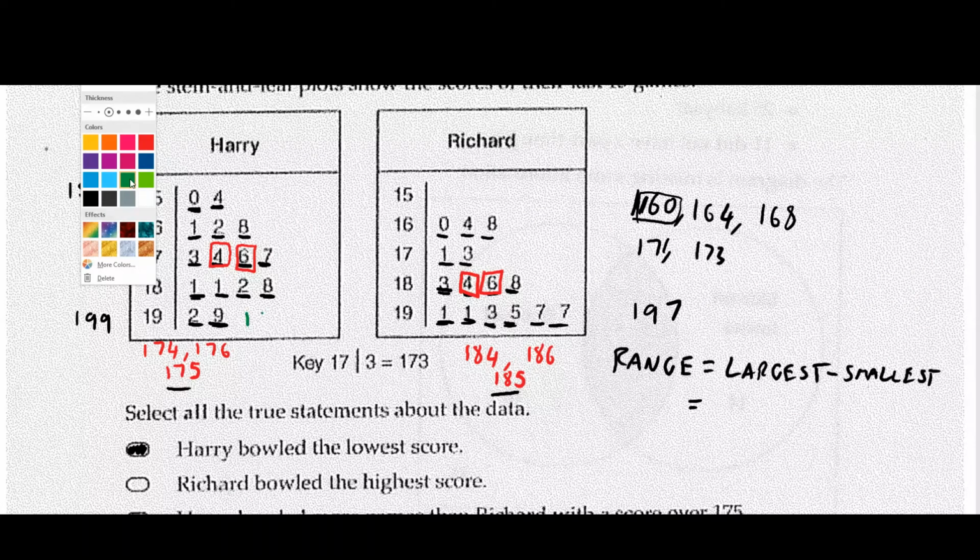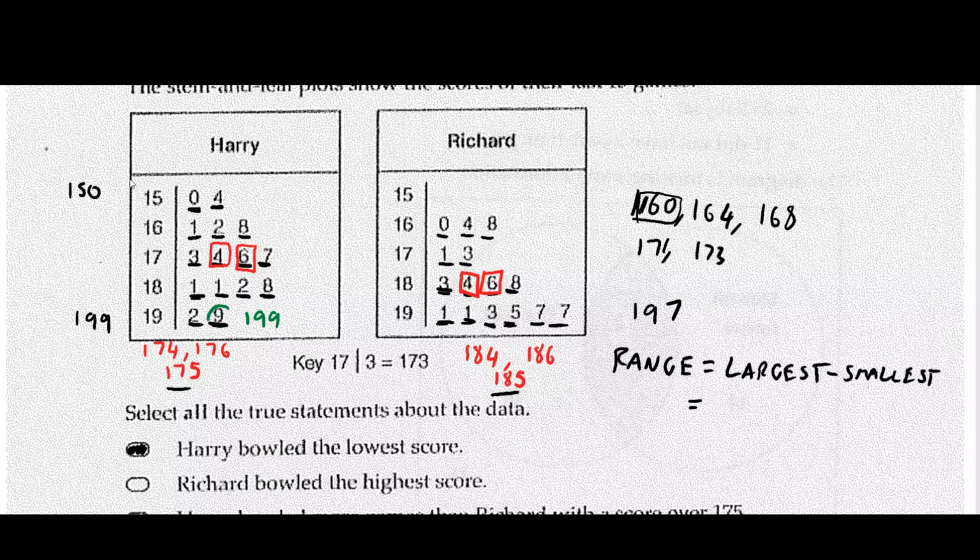So Harry's largest is 199. So it's that one. And Harry's smallest is 150. So 199, take 150. We can type that straight into our calculator. 199, take 150 gives 49.